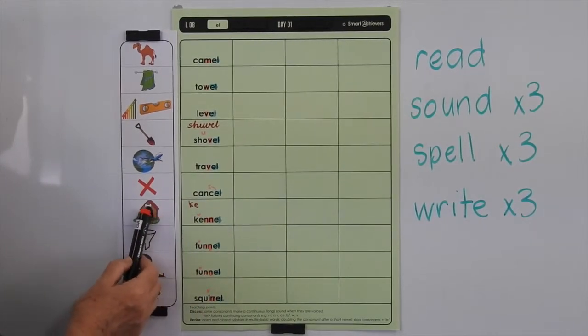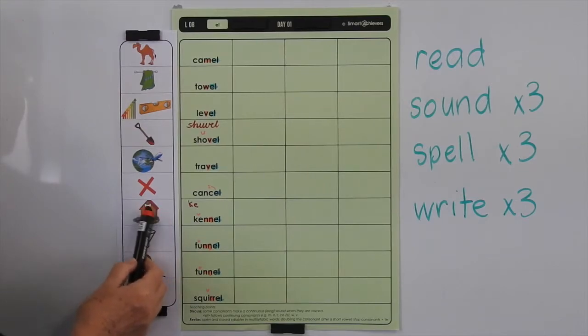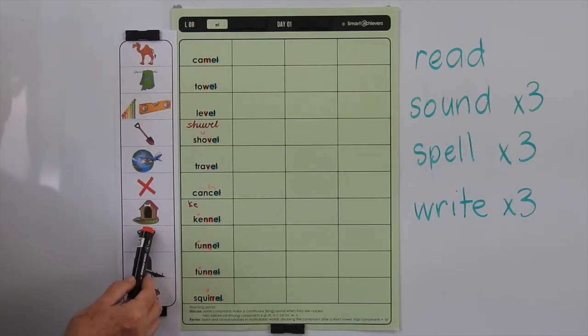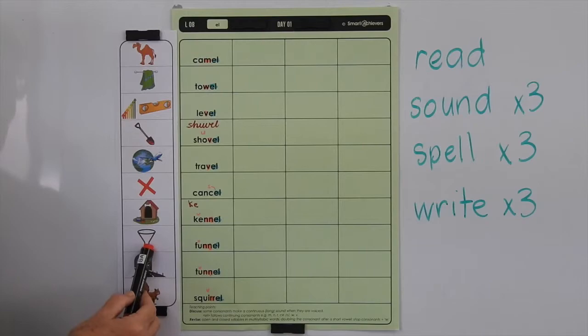Kennel is a home for a dog that you might have at your house, a little structure that the dog can sleep in. A funnel is something that we can pour into, so we can pour into a smaller container. So you might put water or rice or something in it to get it through a very small opening. A tunnel is an opening through a mountain usually, or a hillside.